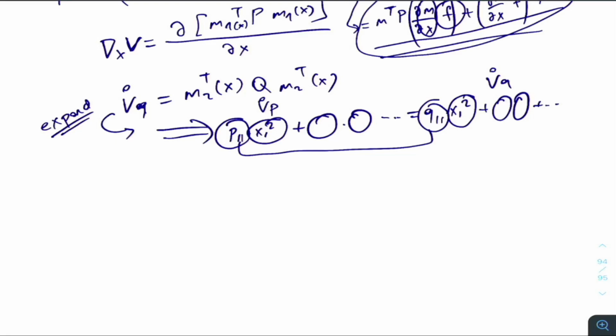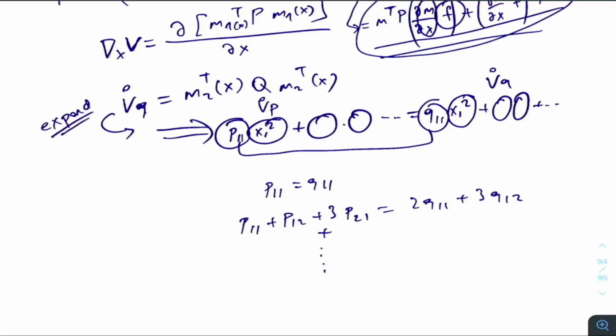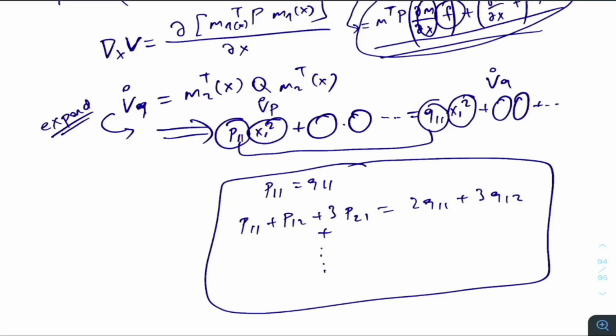And that optimization toolbox will generate a bunch of constraints, maybe hundreds, right? Your optimization toolbox will generate those constraints using the v dot equality and the v dot q equality.